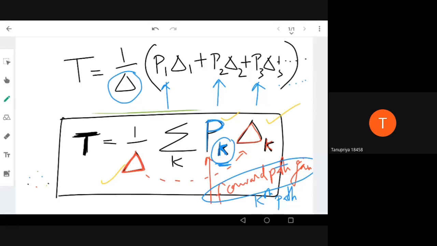The question, the signal flow graph input which is to be solved, or the block diagram which is to be solved, will give us how many paths have to be taken. One, two, three, that will be given in the forward path only. And we need to find delta 1 also for each path. Each loop, and this depends upon the number of loops in the problem. Okay, let's come to that thing.